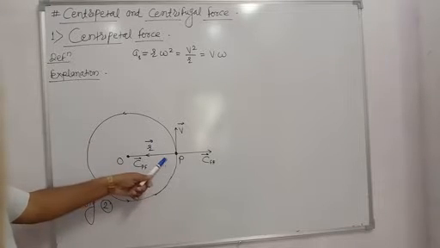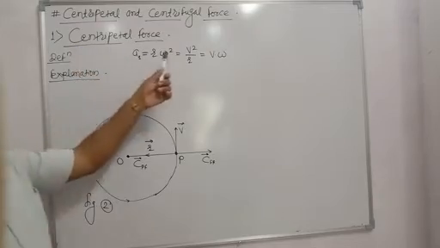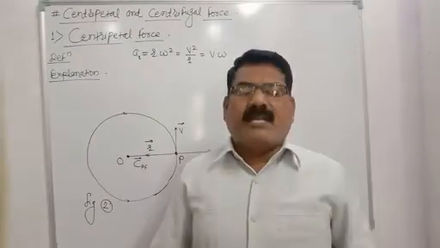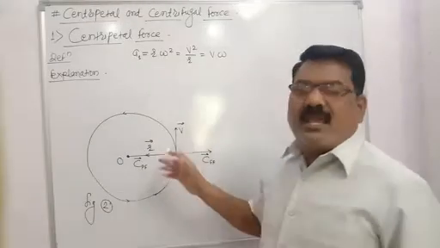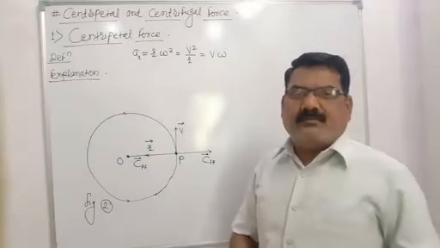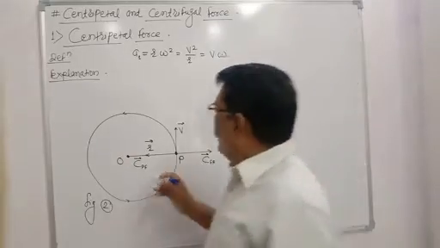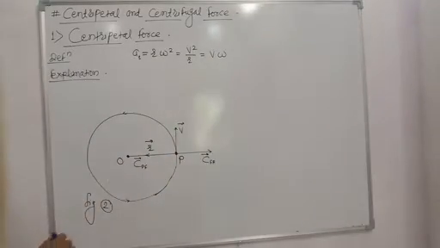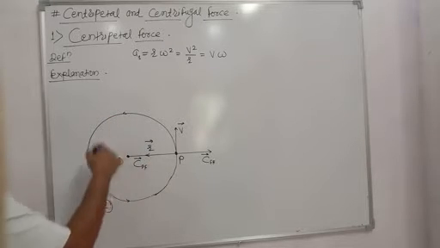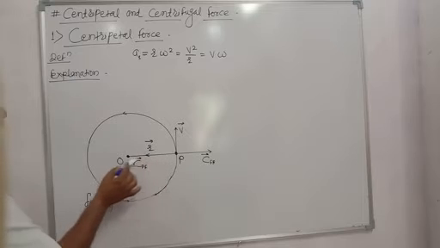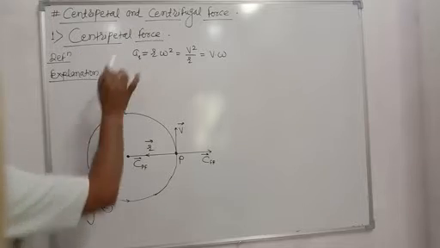That force acting on the particle is known as centripetal force. So what is the centripetal force? The force acting on a particle performing UCM directed towards the center along the radius of the circle is called centripetal force.